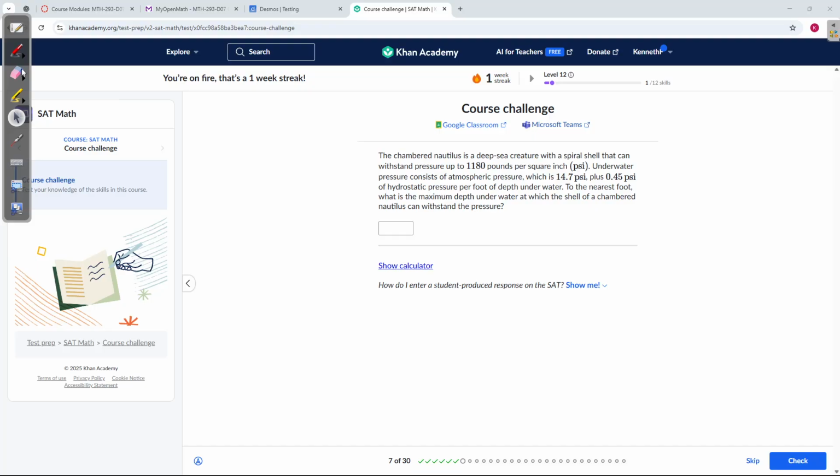Well, pretty much what we have to do here is just add 14.7 psi plus our 0.45 times x here. We'll just say x is our feet. Well, it has to be less than or equal to 1180 because it says it can withstand pressure up to 1180. So I guess we should really just do less than here just to be safe. Then we can put this into decimals.